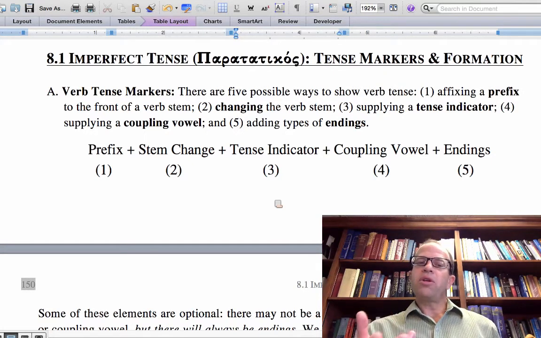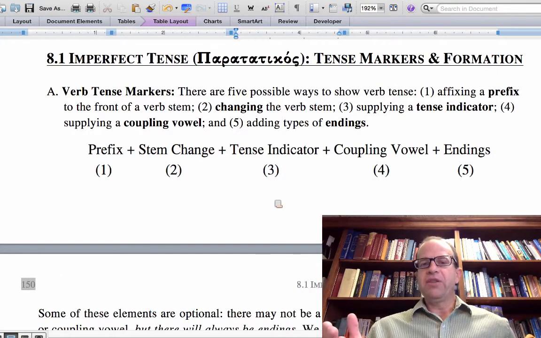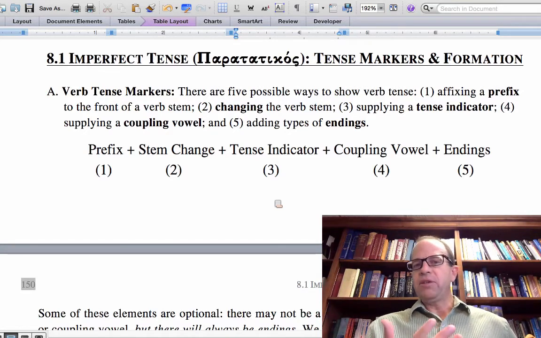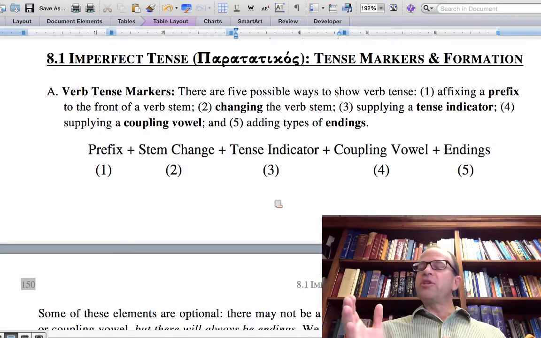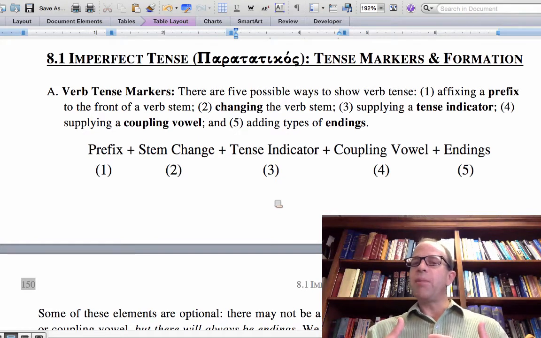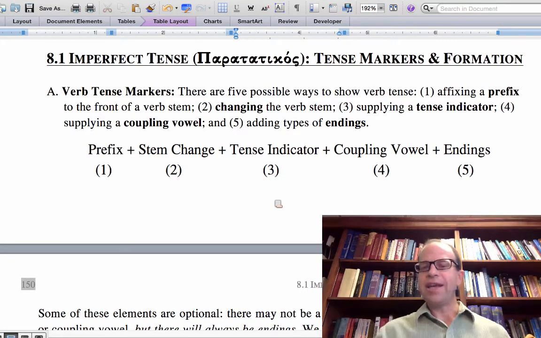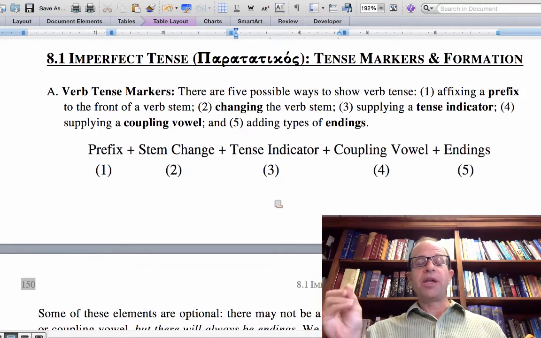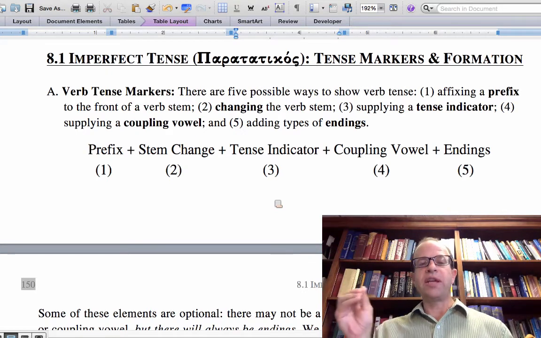Now, we're looking at the formation of tense. Tense can be marked in 5 different ways. Not all 5 ways are always present, but it's good to know that there are 5 different things that could happen to a verb stem, a lexical form, that can help indicate a change in tense. First of all, you have a prefix that may be added, and we're going to see that that's the case with the imperfect tense.